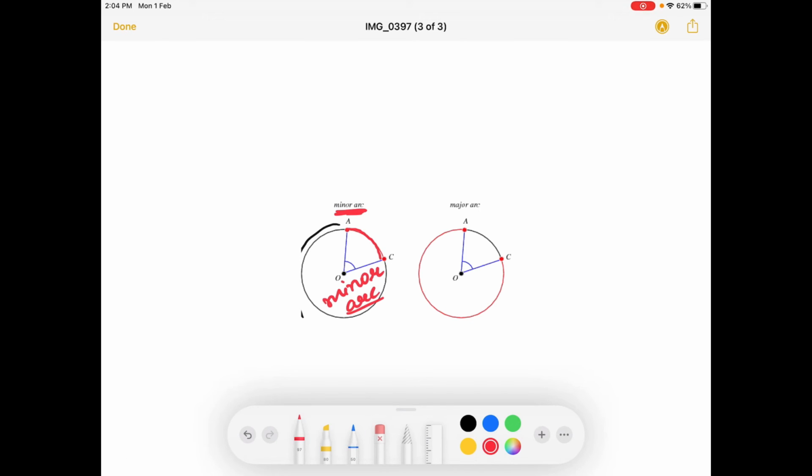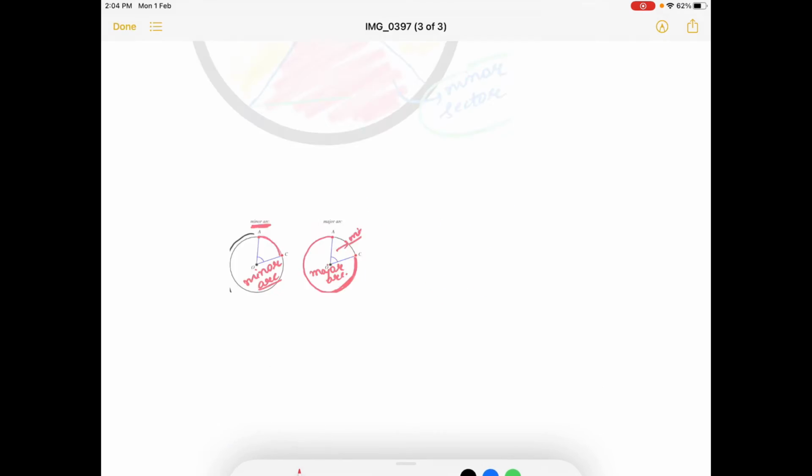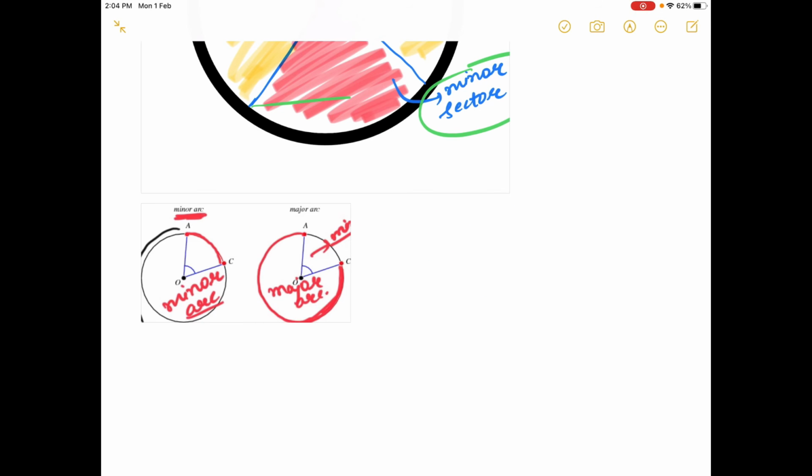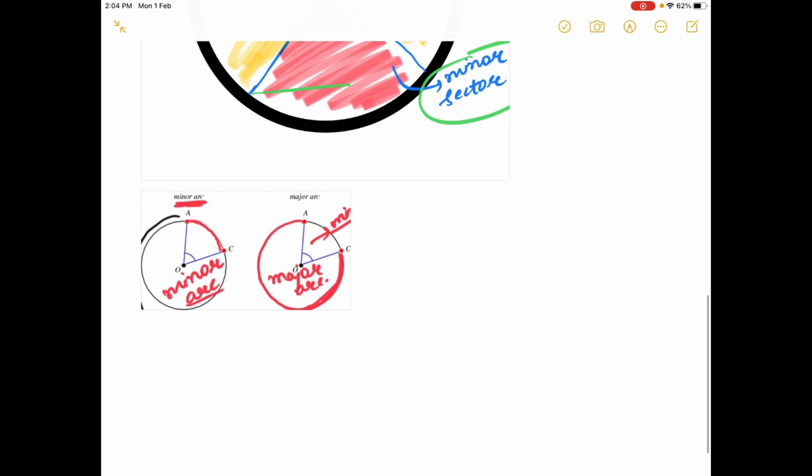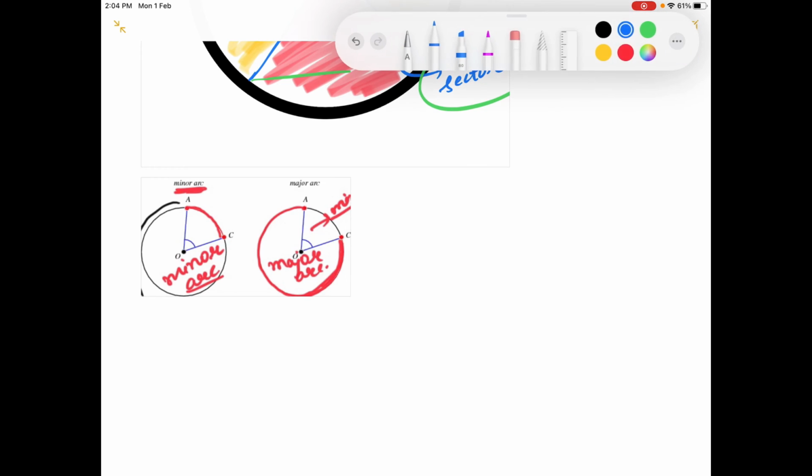And in the second figure you can see that this red line is bigger in size and the left portion is the minor sector. This will be called the minor arc, and here you can see that this is the major arc because it is bigger in size. So you can say that the smaller portion will be called the minor sector and the bigger portion will be called the major sector.